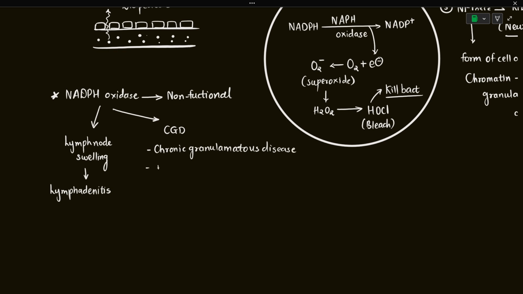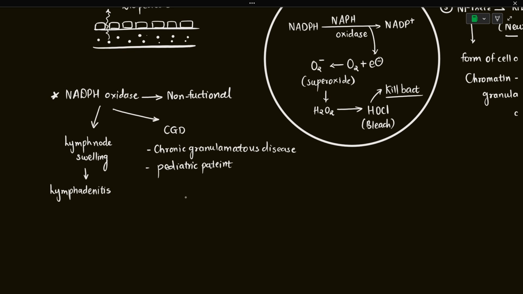It is usually seen in children, so pediatric patients are usually affected. But if it's not genetic, then it is caused by frequent, very lethal infections by bacteria and fungi. Bacteria and fungi could be life threatening for children.